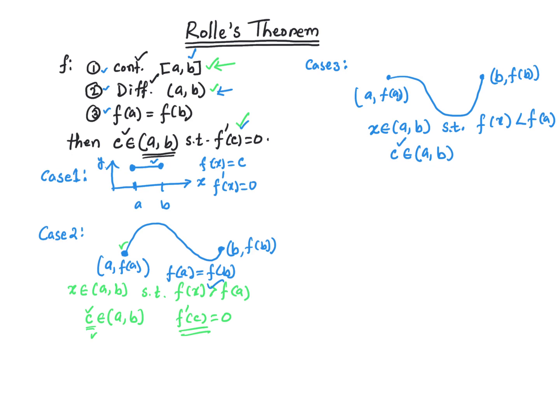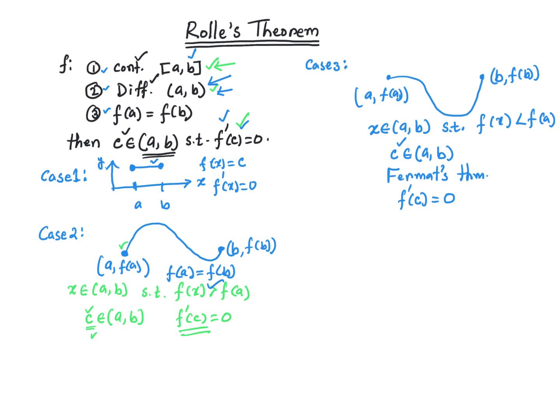Then by Fermat's theorem, it assures that f prime of C is equal to 0. So in this case also, we found a value C in the open interval AB such that f prime of C is equal to 0.